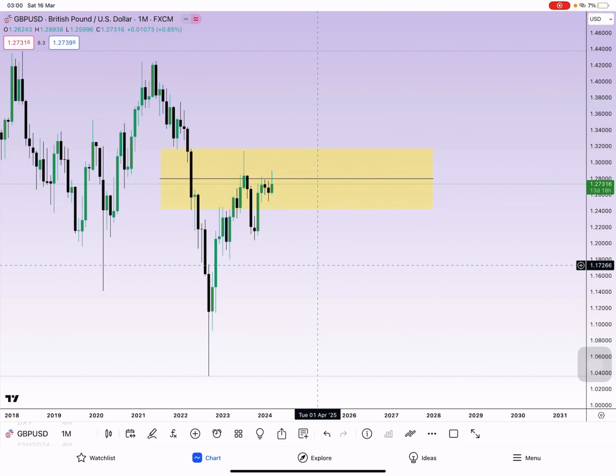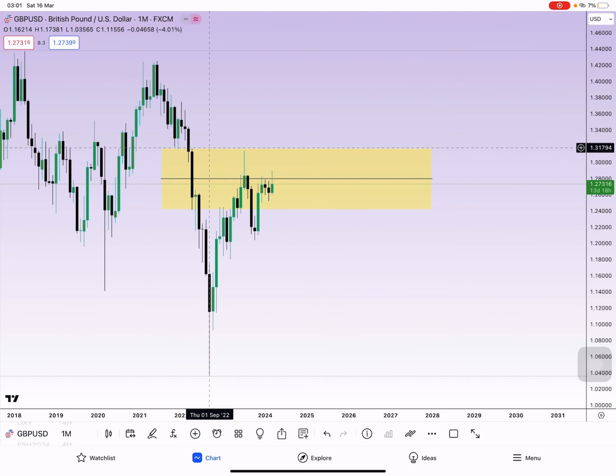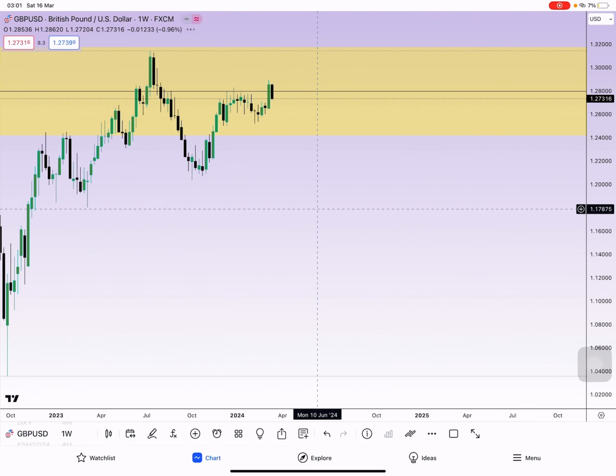We are going to have a look at this fair value gap as well, but as it's a 1 month fair value gap and we are talking about the 6 months fair value gap, currently it's a long range up to here. So we are going to take this line as our reference point, and these are the ends of our reference zones where we are going to trade. We are still going to look at the lower time frame.